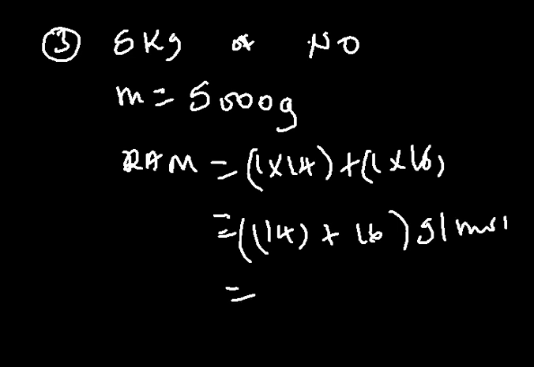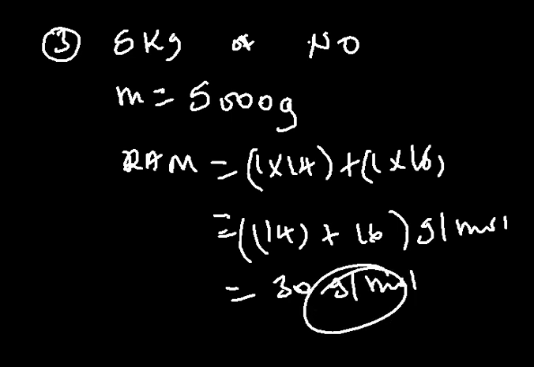So what is 14 plus 16? That is given as 30. So we have 30 grams per mole, and from there you can be able to have the number of moles.